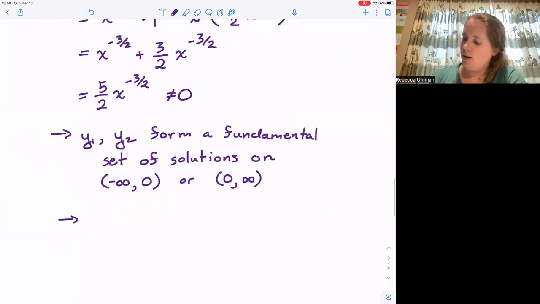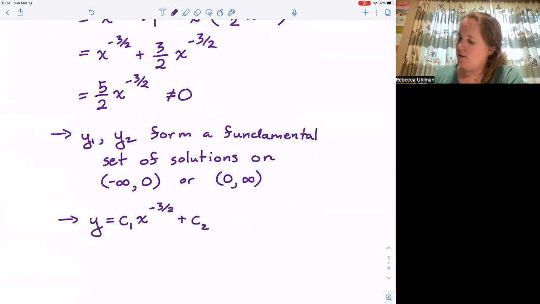And so we get that y should be equal to c1 x to the negative 3/2 plus c2 times x. As some of you have mentioned before, it doesn't matter which of those you take as your y1, which you take as your y2. So you could do c1 times x plus c2 times x to the negative 3/2, and that's also a perfectly acceptable solution. Again, in the next video, we'll take a look at the various different solution types we can find.